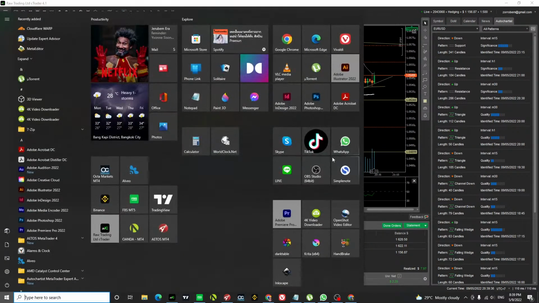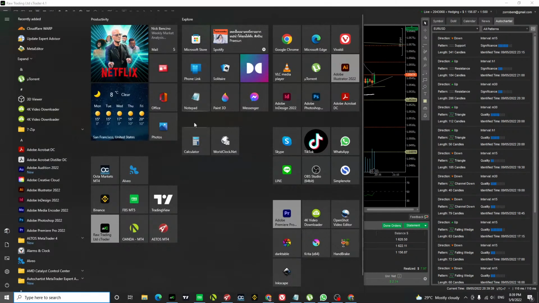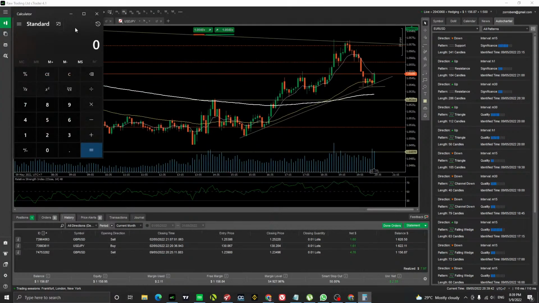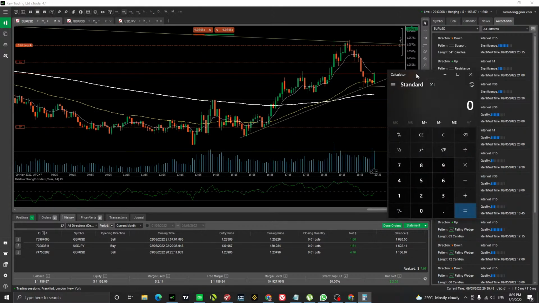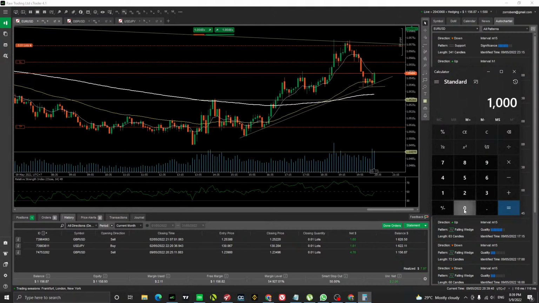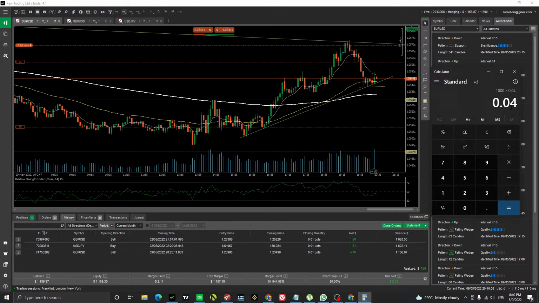Right? Let's look at the, let's compute. Okay, I have my calculator here. So $1,000 times 4%. 4% is 0.4. Okay, so wait, $1,000 plus 4%.